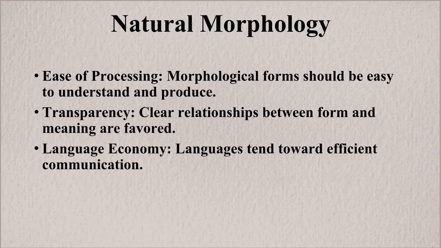Transparency refers to the clear and direct relationship between a word's form and its meaning, making interpretation easier for speakers and listeners. Finally, language economy means that languages naturally prefer shorter, simpler, and more efficient ways of expressing meaning without unnecessary complexity.